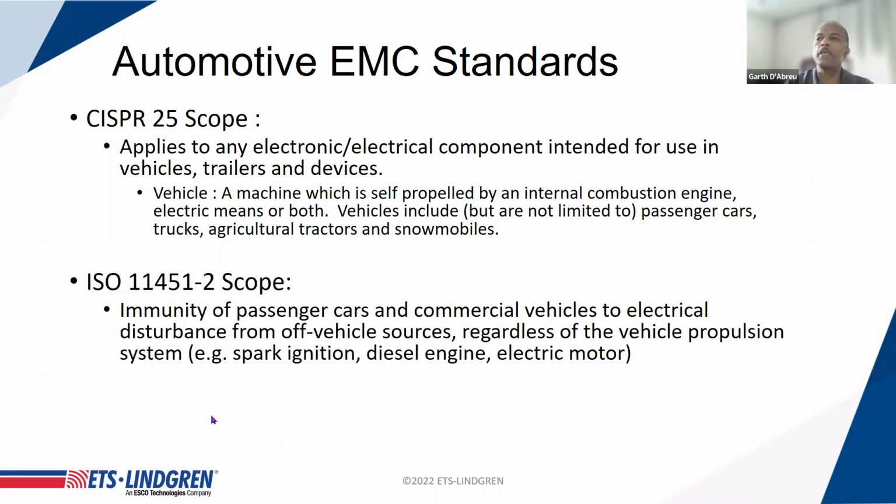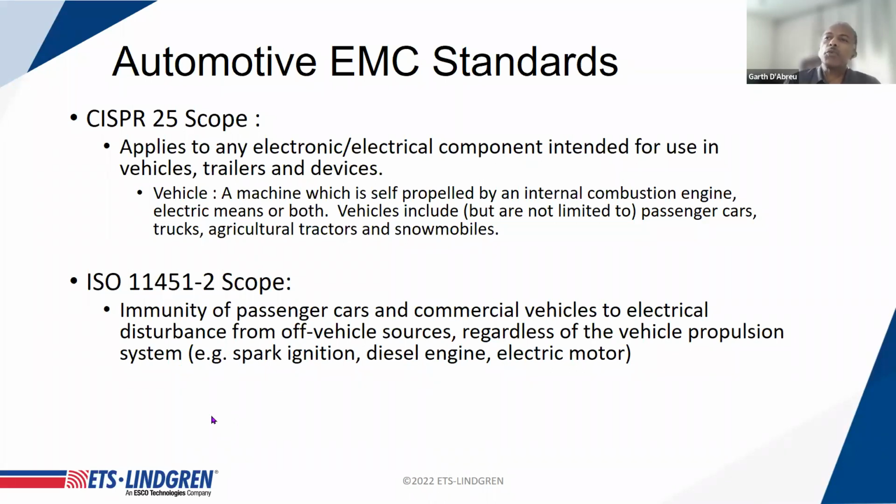industry. If we look at the standards specifically, I'll talk in a little more detail about the CISPR 25 and ISO documents, because those are the two main documents that cover the components and full vehicle immunity and emission tests. And there are a number of similarities and differences between the documents and the environments that they specify for performing those measurements.